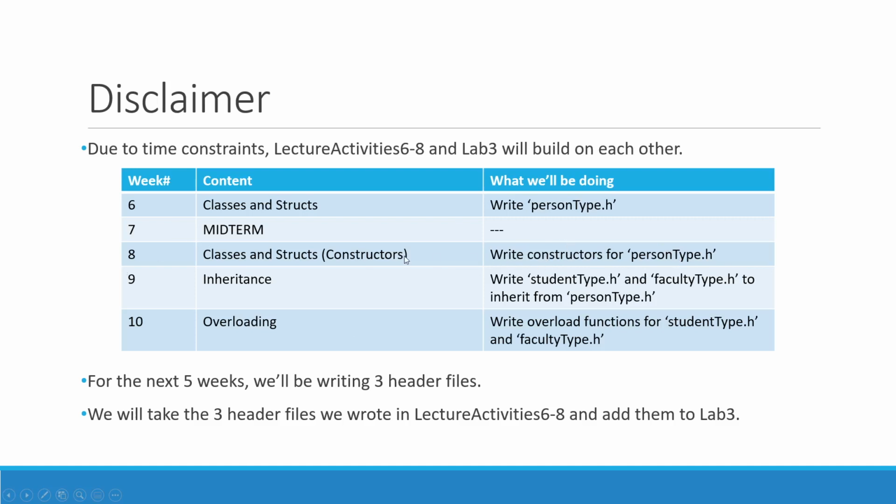And we are going to write the constructors for personType.h. It's really important that you get personType, studentType, and facultyType.h correct so that you can add them to your lab 3. So just keep that in mind when we're typing this code. We got to make sure that our code is correct.